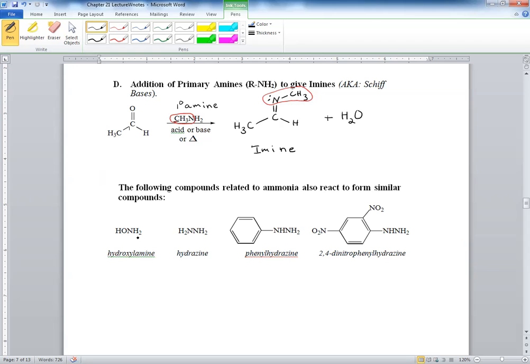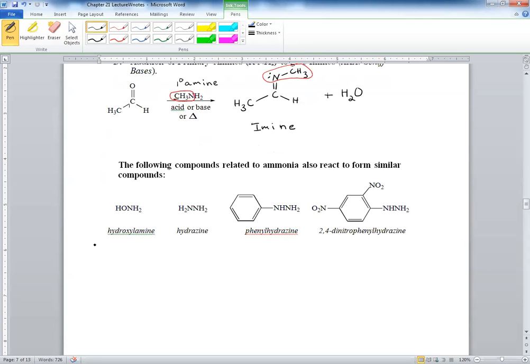other than the hydrogens. So if you add hydroxylamine, you would produce something called an oxime. You don't have to know the name, but basically it would look like this.